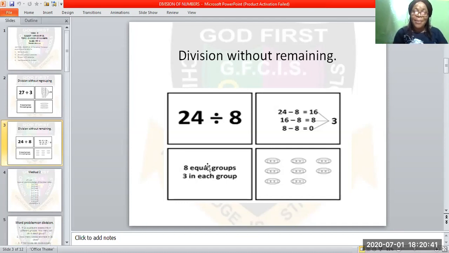Now, remember that you must be a master of your timetable before you can solve division problems, because division and multiplication are family members.